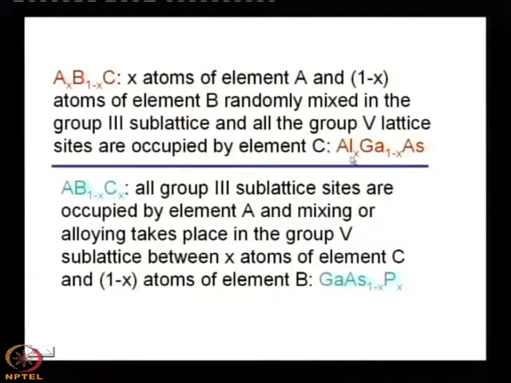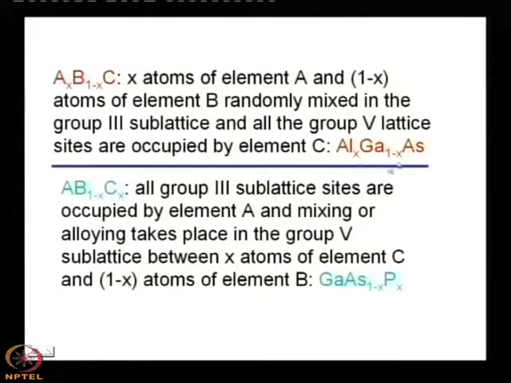You see that aluminum is also a group 3 element, gallium is also a group 3 element. If x number of aluminum atoms are there, then 1 minus x number of gallium atoms will be there, and those are basically in the group 3 sublattice, and arsenic will occupy the group 5 sublattice.